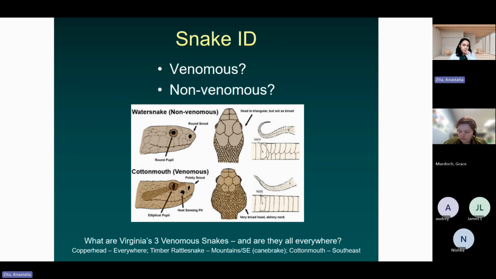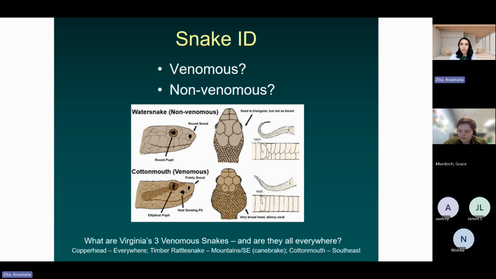When looking at venomous and non-venomous snakes, specifically in Virginia, you're going to be looking at their head shape, their scales, their eyes, and their snout. When looking at the snake's head shape, again, specifically in Virginia, not everywhere, you can see that venomous snakes have a more arrow-shaped head, and the non-venomous snakes have a more narrow triangular-shaped head.